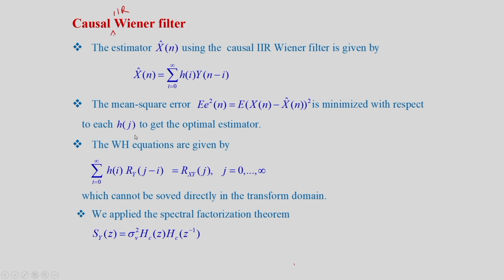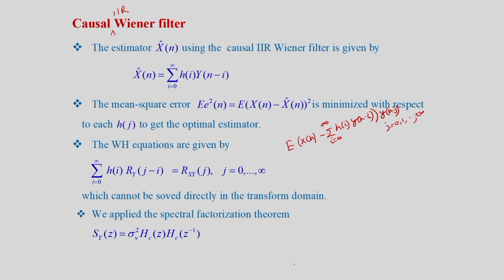So, the Wiener-Hopf equation again here is given by E of error is orthogonal to data, that is, (x(n) minus summation h(i) y(n minus i), i going from 0 to infinity) times y(n minus j) is equal to 0, for j equal to 0, 1 up to infinity.